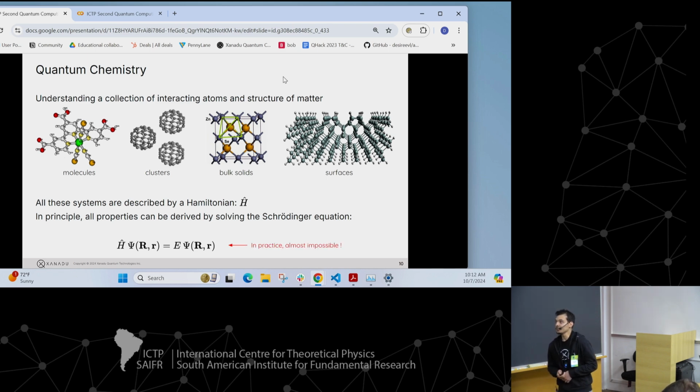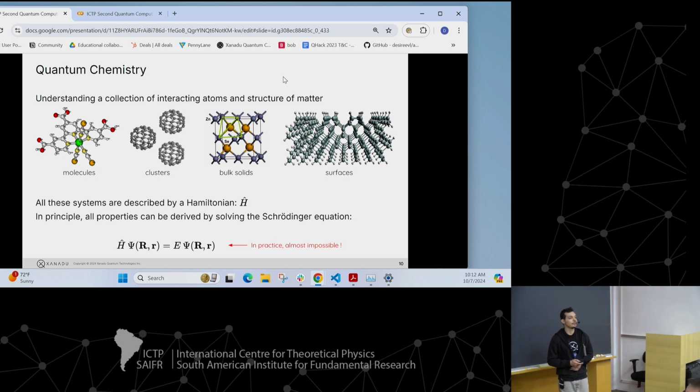The challenge, of course, is that when you get to very large molecules, this equation is impossible to solve even for classical computers. And this is, again, the great interest of being able to do this with quantum computers. You have quantum mechanical systems. You should have a quantum mechanical computer to simulate these.